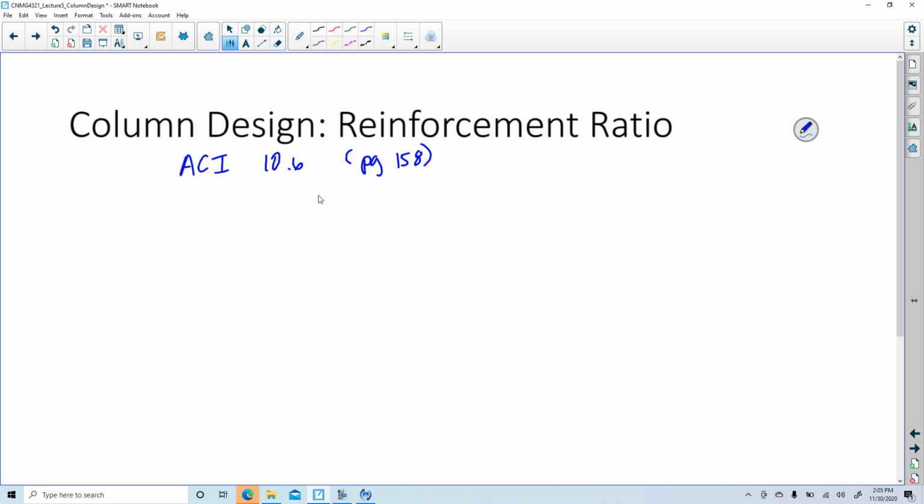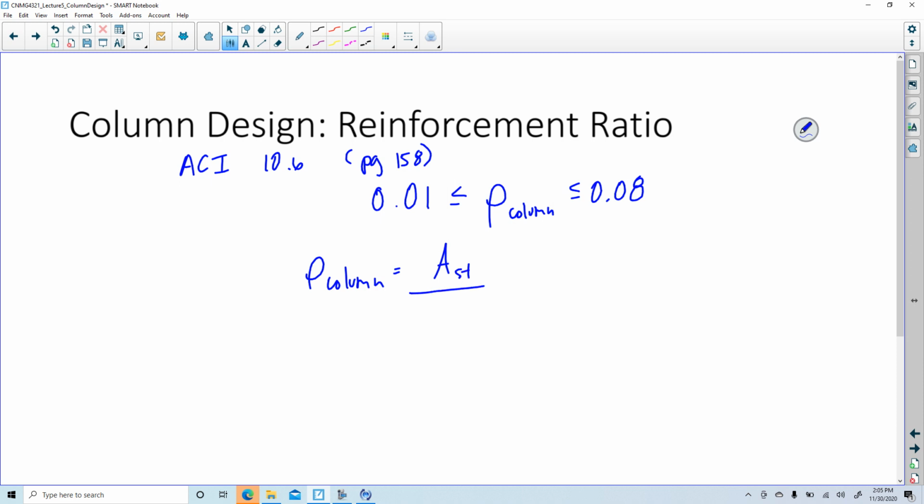All right. 0.01, 0.08, right, where your rho is your area of steel over your gross cross-sectional area.